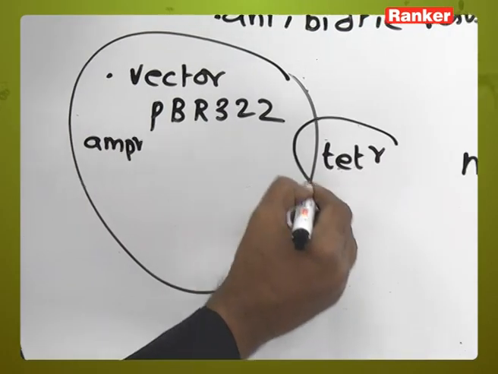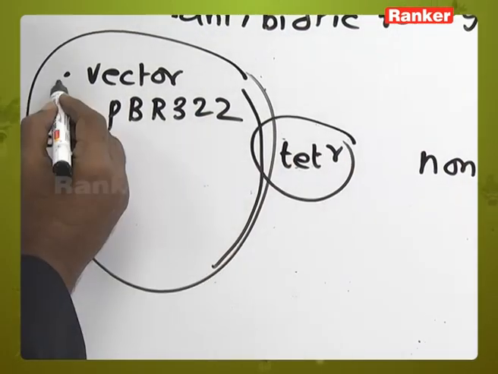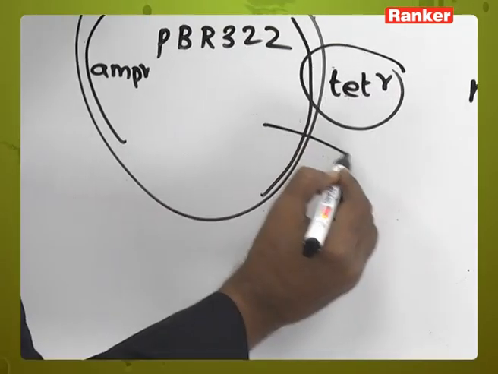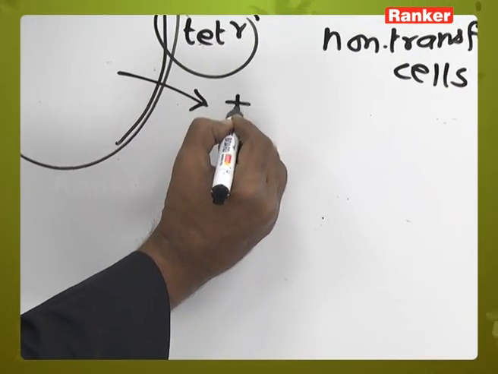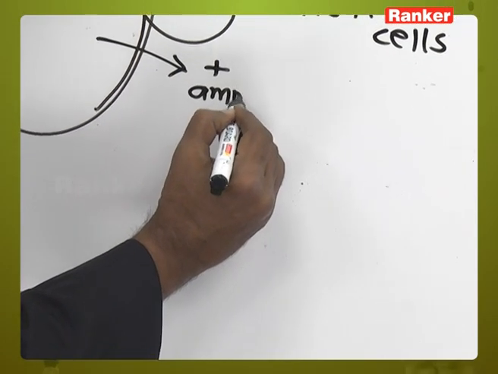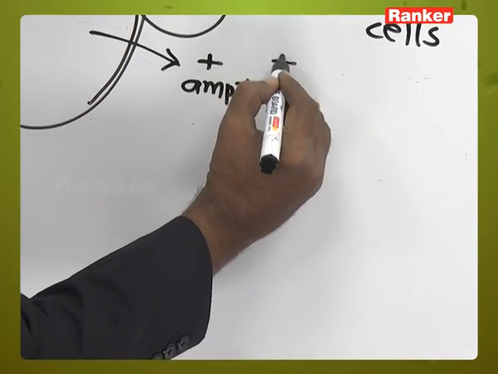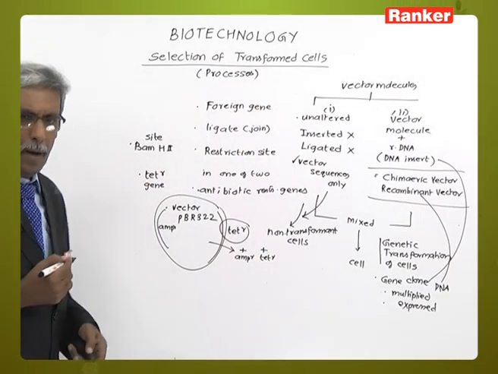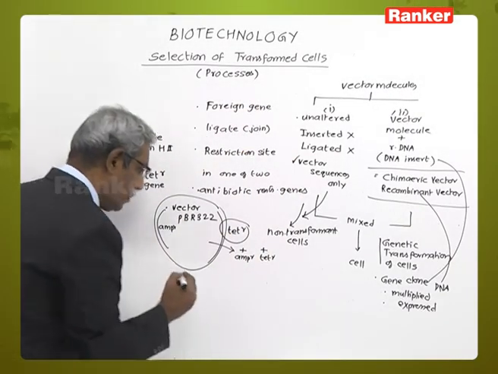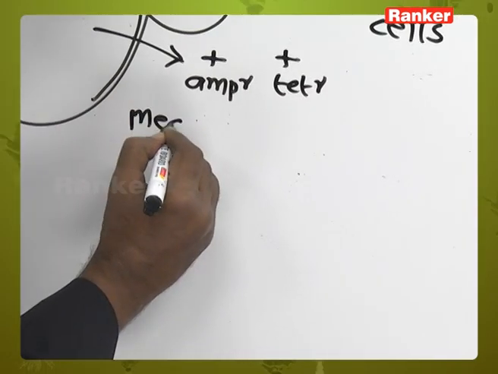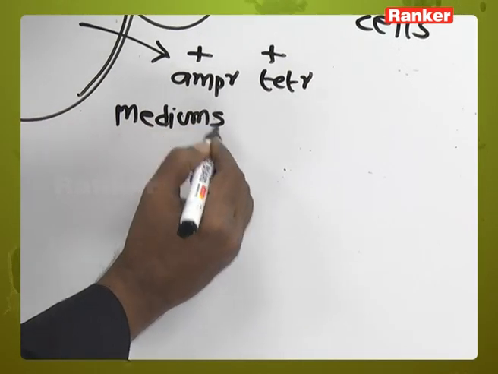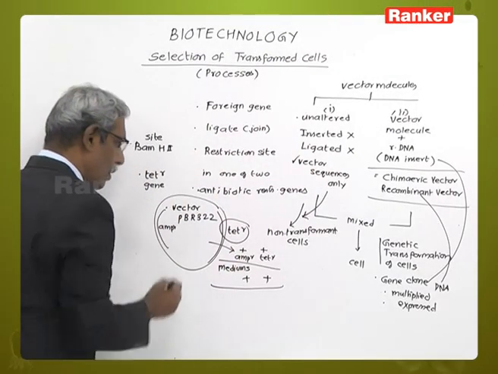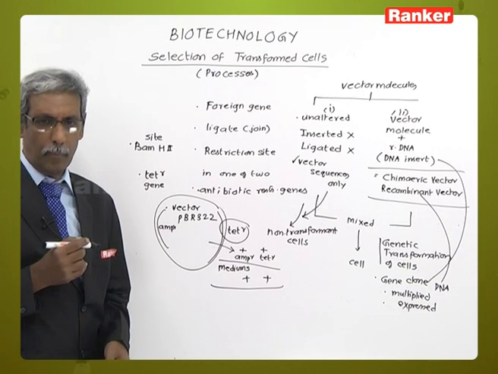Because it has tetracycline resistance and ampicillin resistance selective markers, this vector can grow in a medium with ampicillin, and it can also show growth in tetracycline, because it is resistant to these two things. So, they can grow in both mediums, ampicillin as well as tetracycline. Your pBR322 can very easily grow.